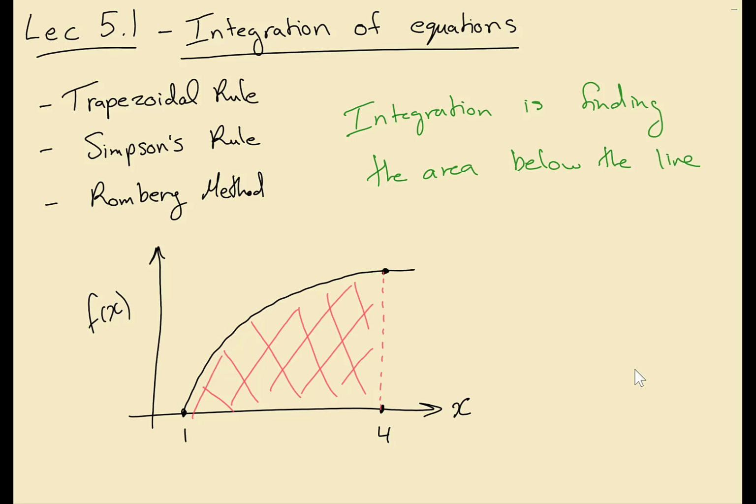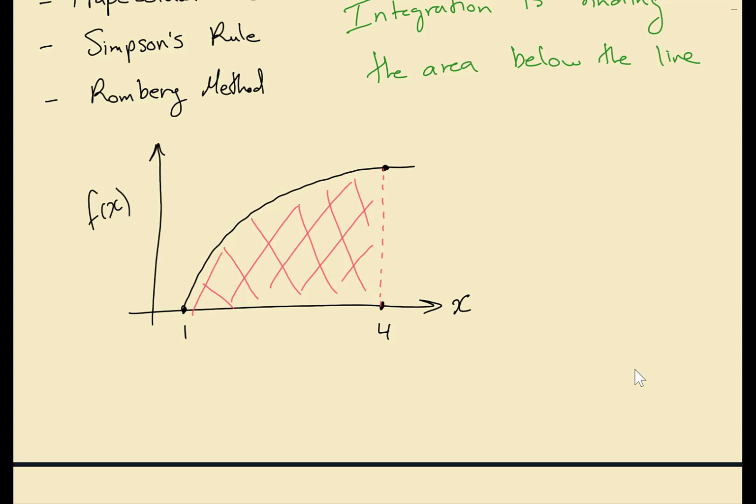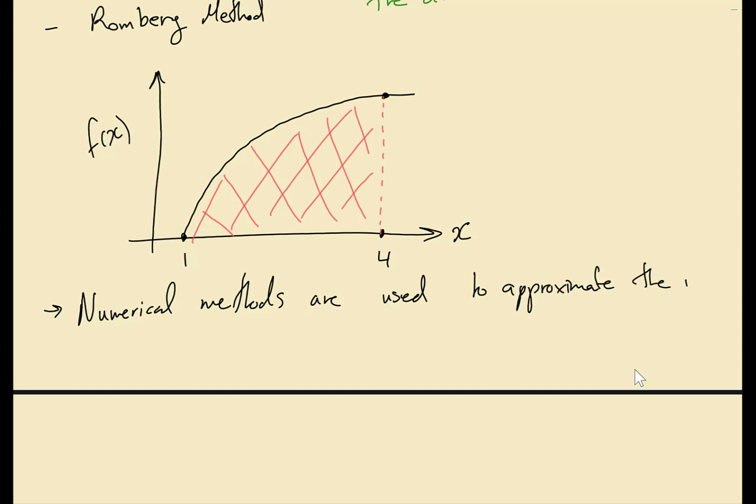All right. So when we're looking at numerical methods, what we're trying to do is to approximate this area using different methods. So the first one we're going to look at is the trapezoid rule, right? But just to mention here in words, numerical methods are used to approximate the integral.